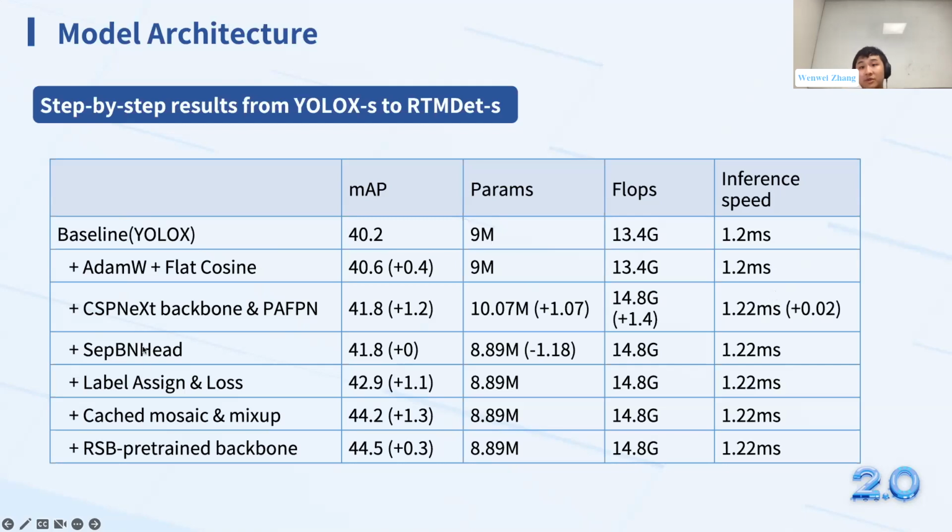Then we use the separate BN head, which shares the parameters in the head for different scales, but uses different batch normalization statistics. Basically, it doesn't improve the accuracy, but it significantly reduces the parameters in the head without affecting inference speed. Finally, we add all the new training techniques like the label assignment and the cached mosaic, and we use a better pre-train. As you can see, we significantly improve the accuracy of the model without modifying the parameters or the latencies.